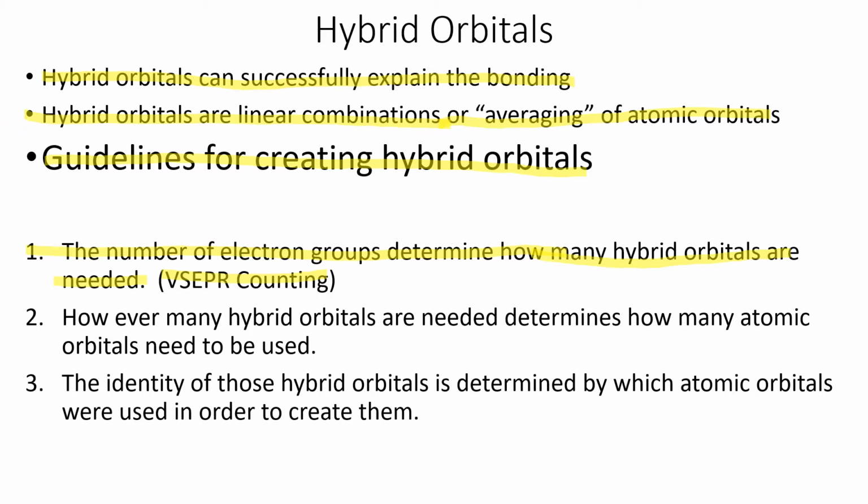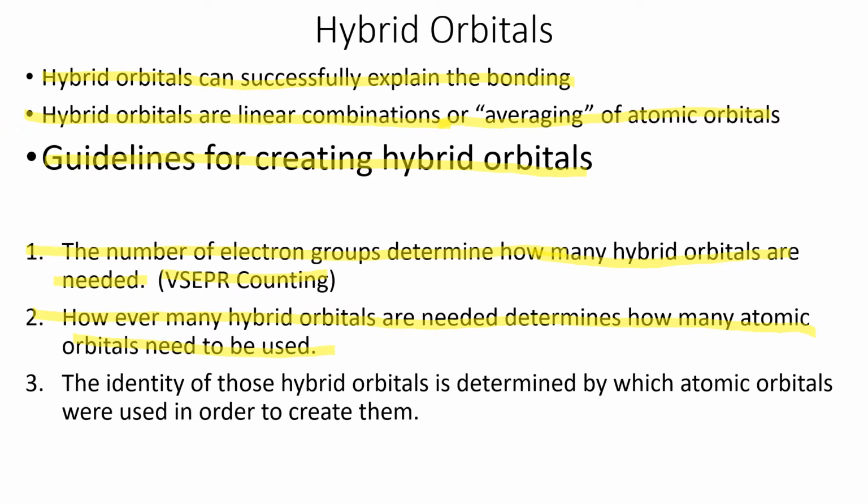Then once you've determined how many hybrid orbitals you need, you can go to the second guideline. However many hybrid orbitals you need determines how many atomic orbitals need to be used in their creation. So if you have 3 electron groups, you need 3 hybrid orbitals, which means you need to start with 3 atomic orbitals.